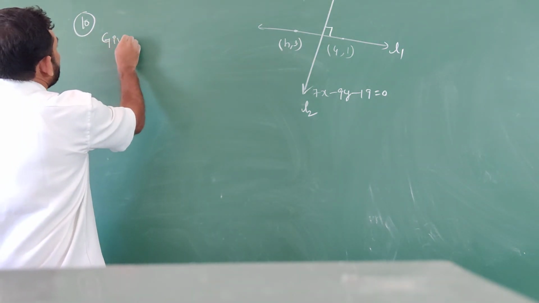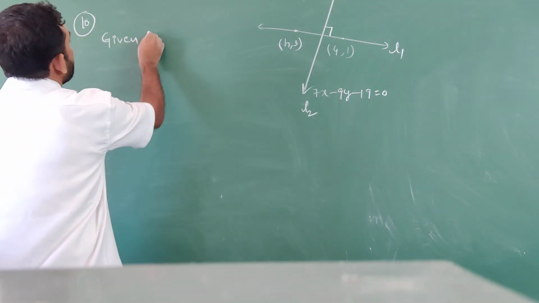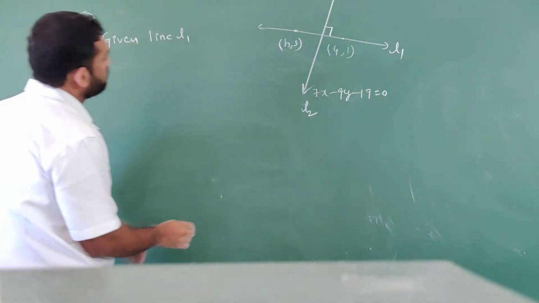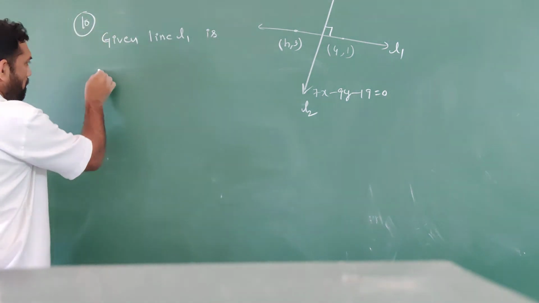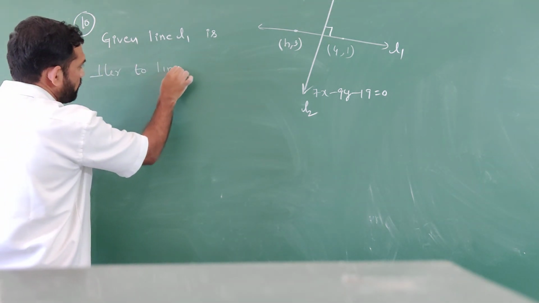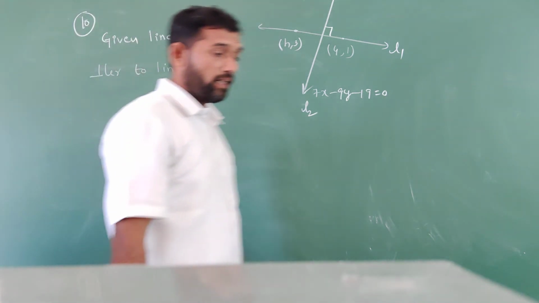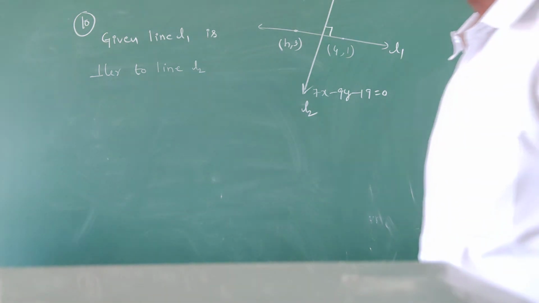Given line L1 is perpendicular to line L2.